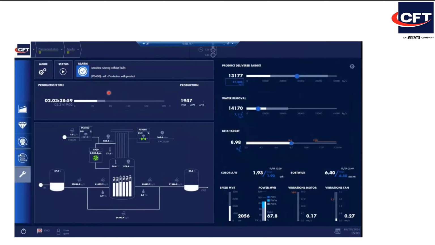As we click on the Apollo MVR evaporator, a window pops up on the right-hand side. The left-hand side basically reports the same data I had from the previous level. What I start seeing here is a series of widgets showing the average water removal.